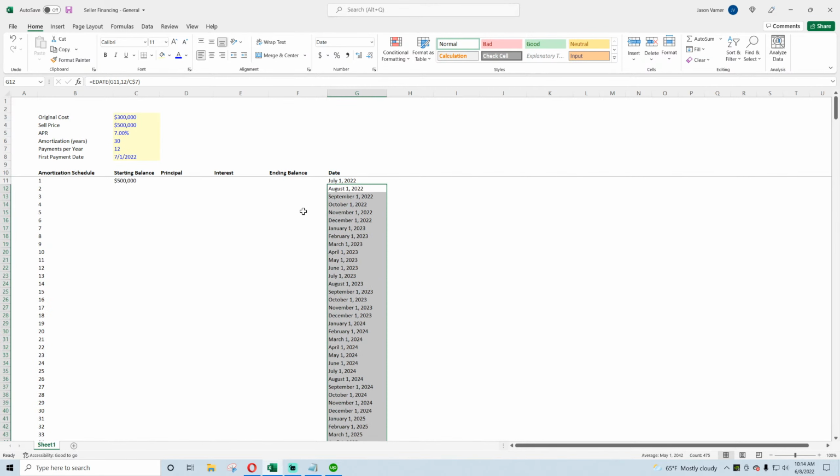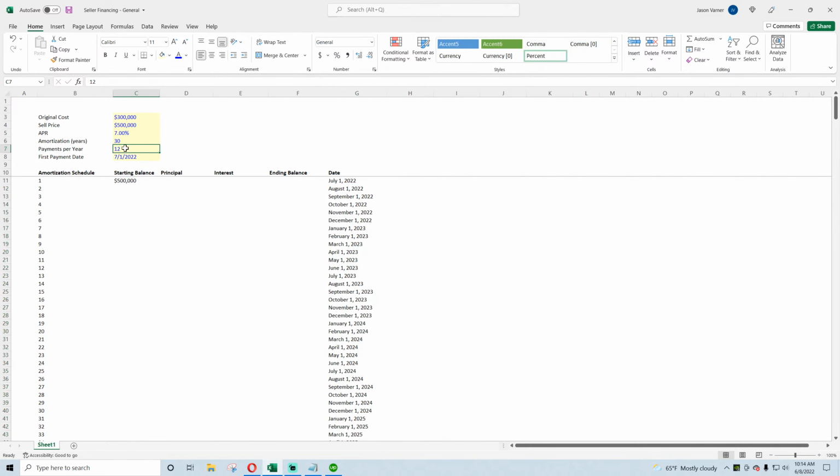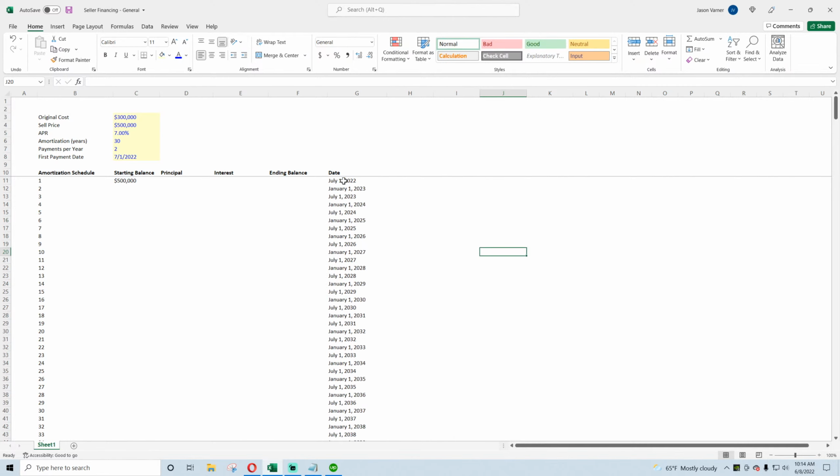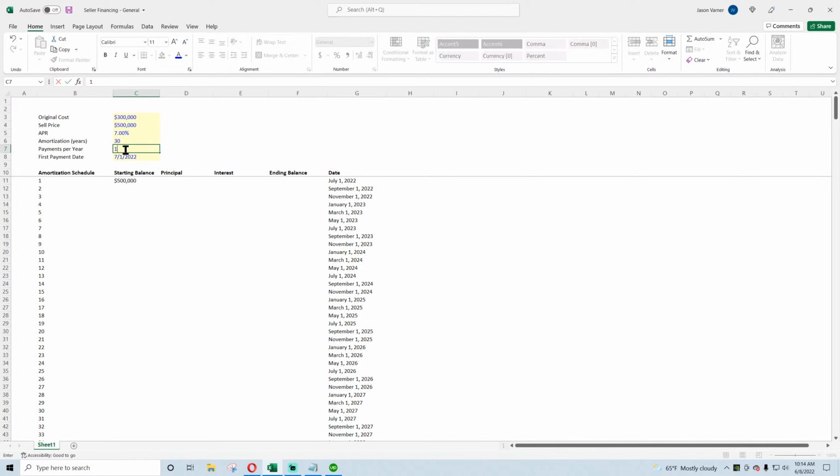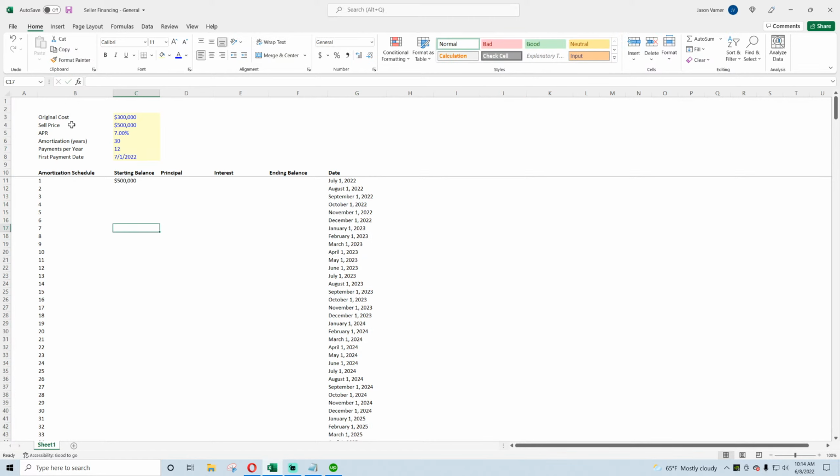Okay, so there's your months. Now let's say this was only 2 payments a year. Perfect. We have 1, 2, 1, 2, or say 6 payments a year. Okay, so that's working.